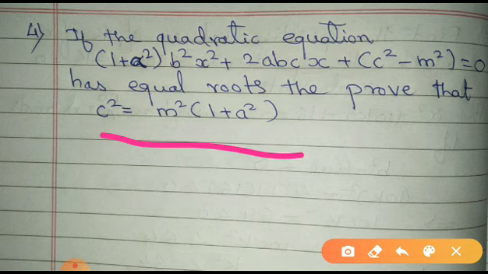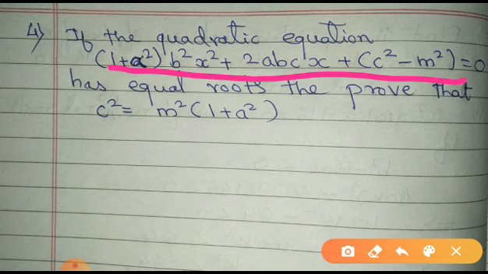Now, in the given equation in the variable x, can you tell what is the value of a? Here, a is always the coefficient of x², b is always the coefficient of x, and c is the constant term.